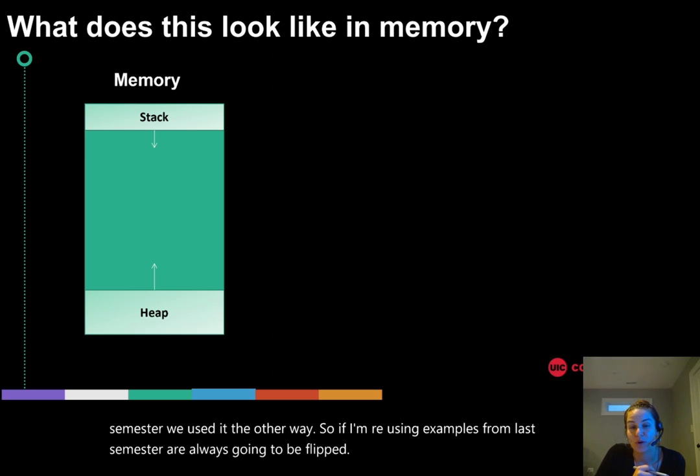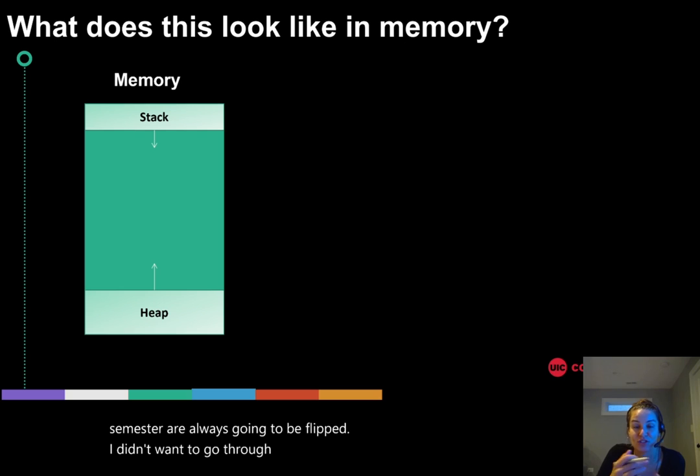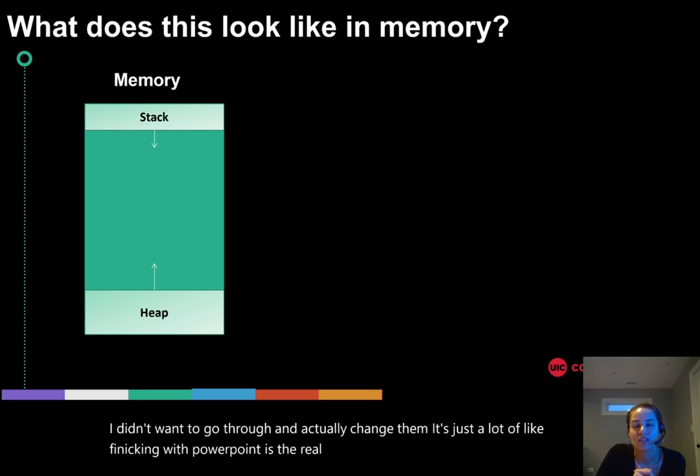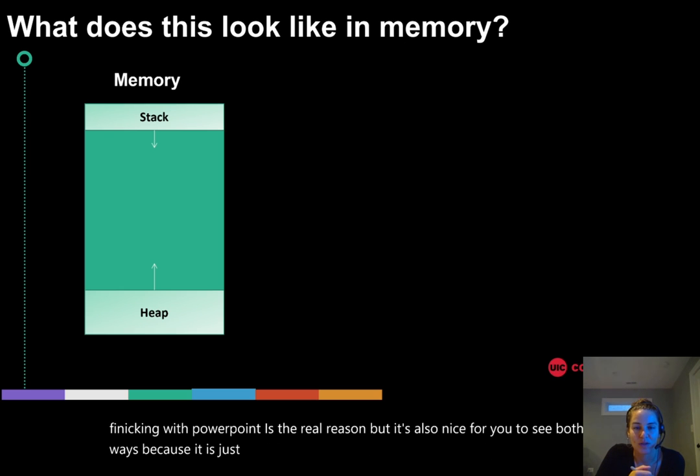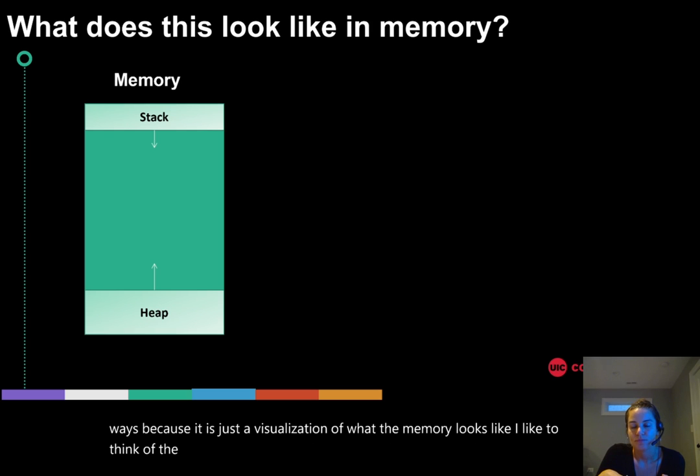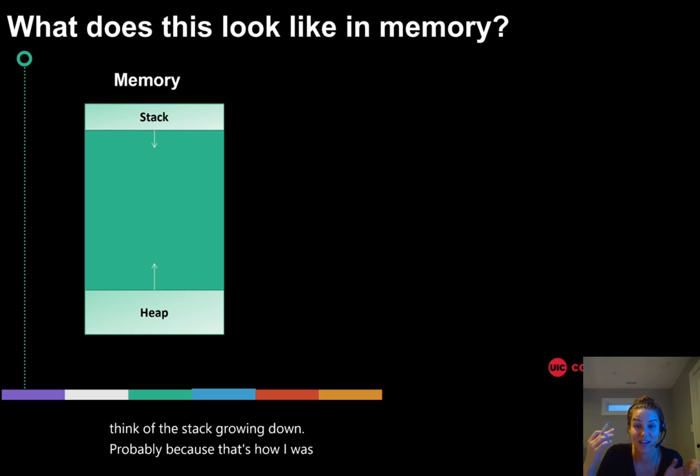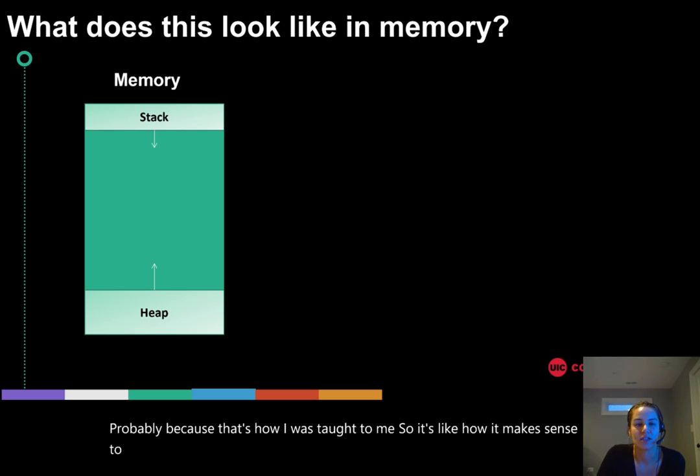I didn't want to go through and actually change them. It's just a lot of finicking with PowerPoint is the real reason, but it's also nice for you to see both ways because it is just a visualization of what the memory looks like. I like to think of the stack growing down, probably because that's how it was taught to me. So it makes sense to me, and so that's what it is here.